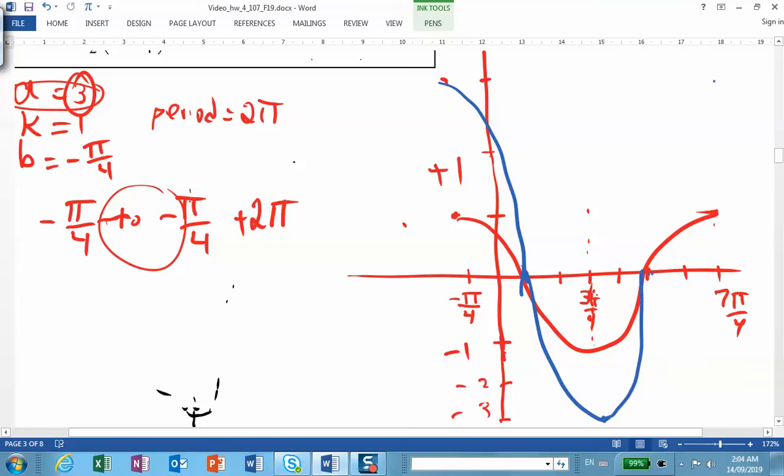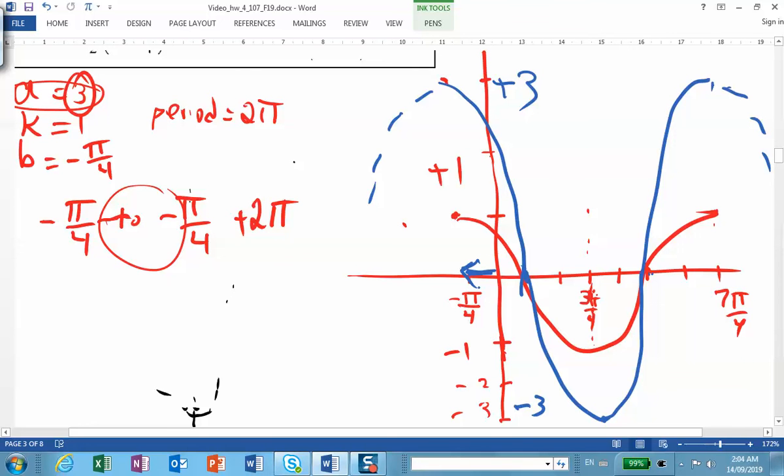Can you visualize this? And it repeats. And that takes care of it. It goes between plus 3 and minus 3 because the amplitude is 3. The period, as you can see, is 2 pi, and it's the regular cosine curve shifted to the left by that shift value of pi over 4.